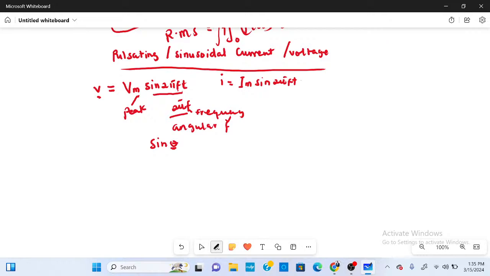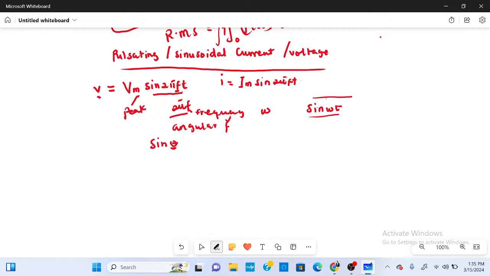So this f alone is the normal frequency we know, but 2 pi f is what we call the angular frequency, represented as omega. So whenever you see sine of omega t, it is the same as what I have written here. Instead of 2 pi f t, you can write sine omega t, and they are all the same. So take note of this.